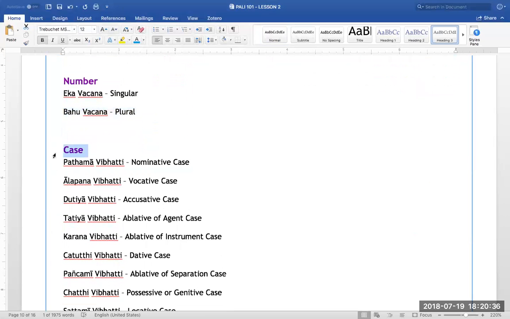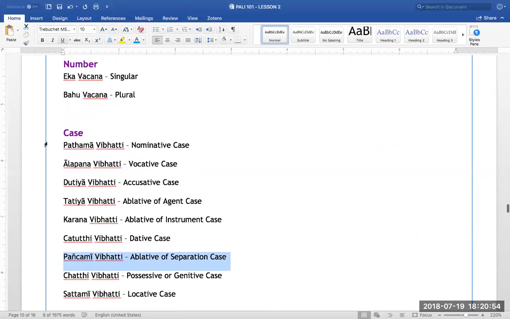And then we need to understand case, and case is also called vibhati in Pali. And we do have a number of vibhatis that I'm going to explain to you briefly today.